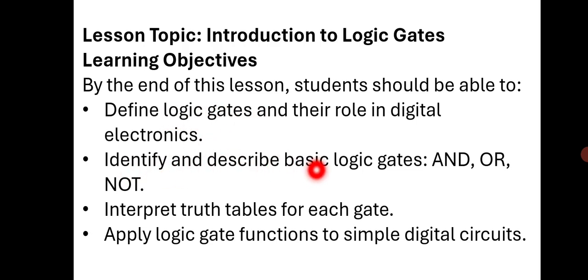Identify and describe basic logic gates. At this level, we are asked to discuss AND, OR, and NOT gates. We should be able to interpret truth tables for each gate. We shall see what truth tables are. Apply logic gate functions to simple digital circuits. So these are the areas that we are going to dwell on.